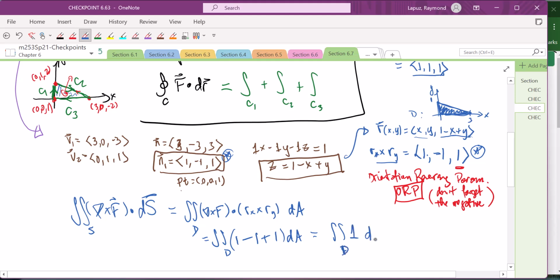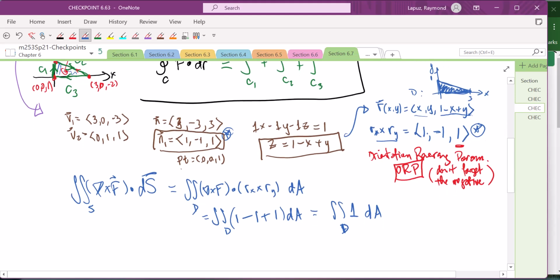And if it was just a constant, we can just imagine taking that out. But no, it's a constant, 1, and so we know that this is the area of D, whatever D is equal to. Well, D is this domain, remember? So the area of a triangle is 1/2, the base is 3, and then the height is 1.